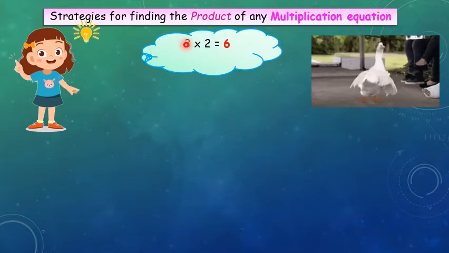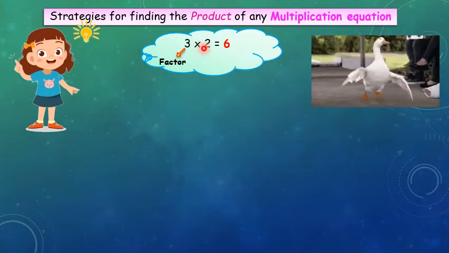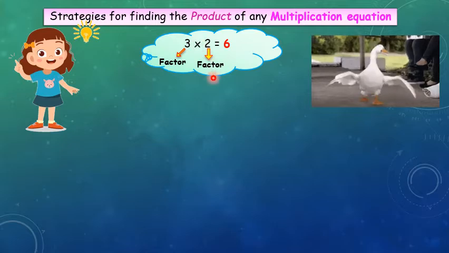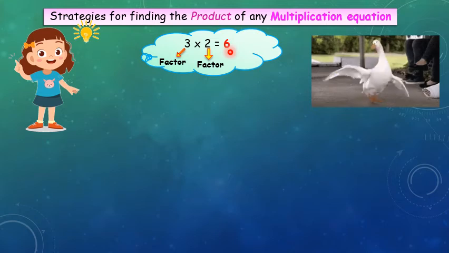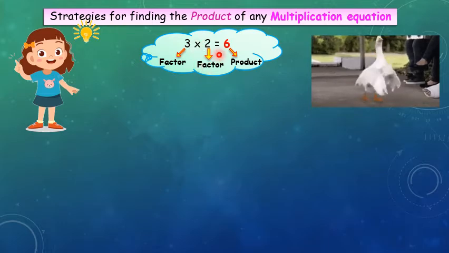The first part is called factor, this sign is called by or times, and this part is called factor 2, and the last part after the equal sign is the product of the multiplication equation. Then any multiplication equation has factor, times sign or by sign, factor equals product. Factors by factors equal product.